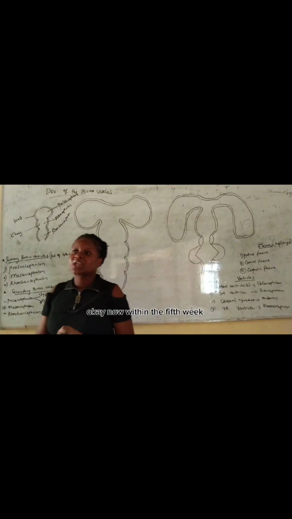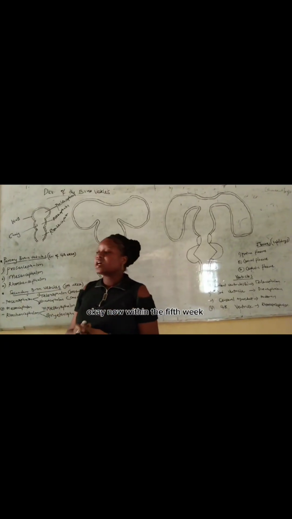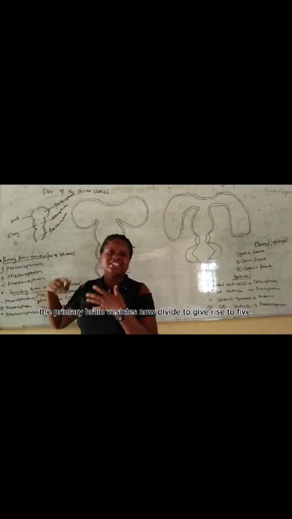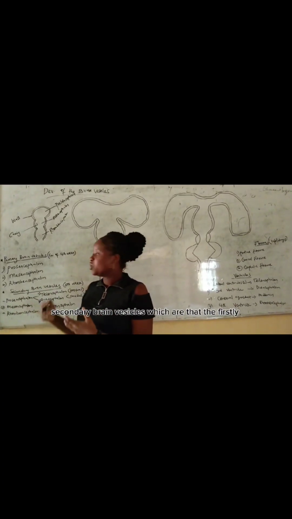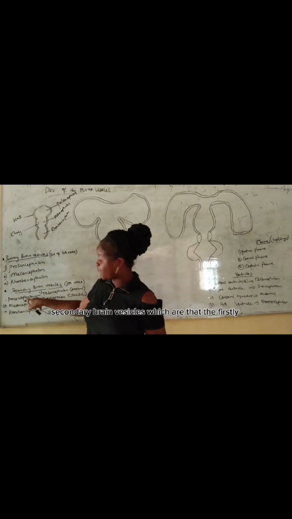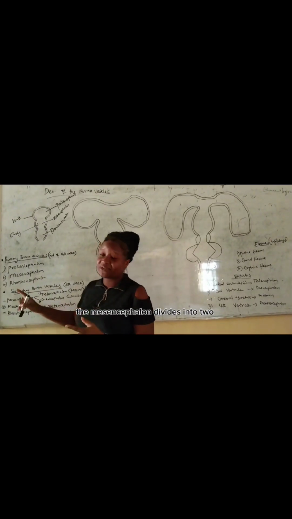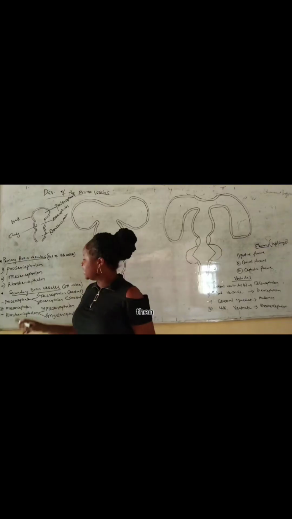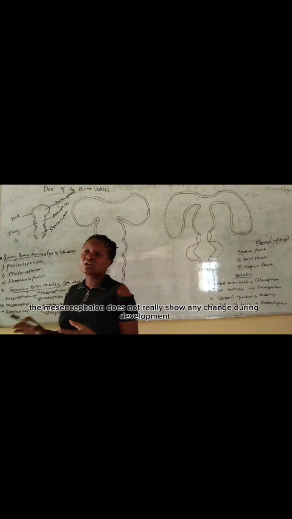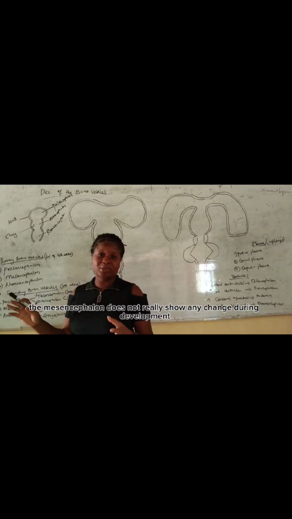Okay, now within the 5th week, the primary brain vesicles divide to give rise to 5 secondary brain vesicles. Firstly, the Prosencephalon divides into 2 to give rise to the Telencephalon and the Diencephalon. Then the Mesencephalon does not really show any change during development.